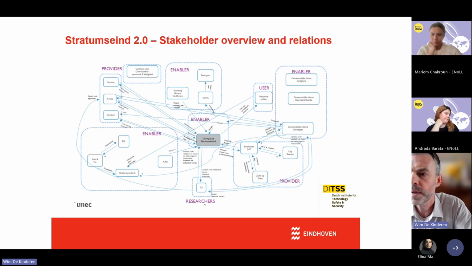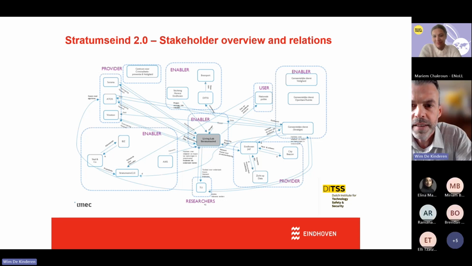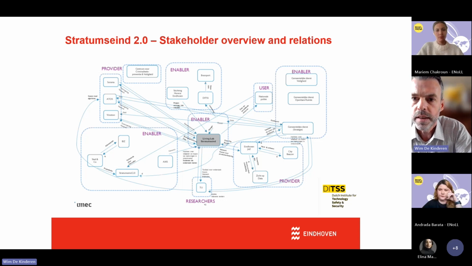It was done by IMEC, who's a very important member of ENEL, but also was doing large-scale living lab programs themselves, so really big experience. So they did interviews and research, and this is the picture that came up. You will get the slides later, so you will be able to look in detail. I'm not going to explain in detail, but you see that all the arrows represent relationships between the different groups. And if you would read the real report, the final conclusion is actually everybody was confused.